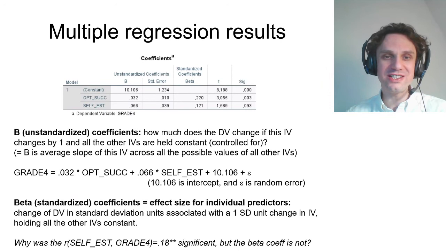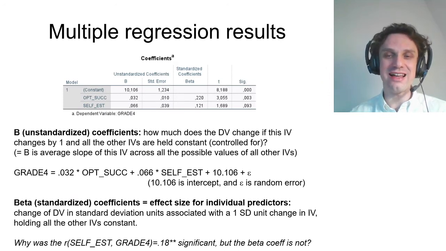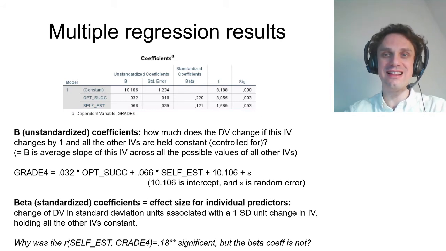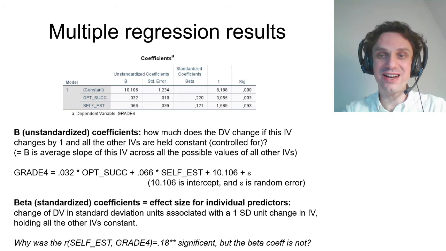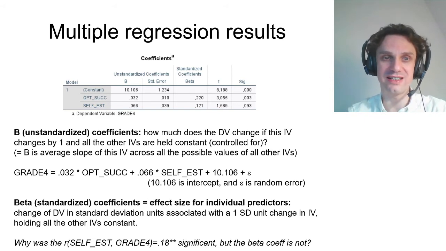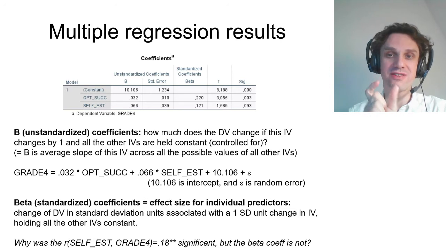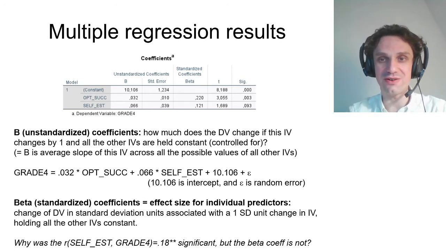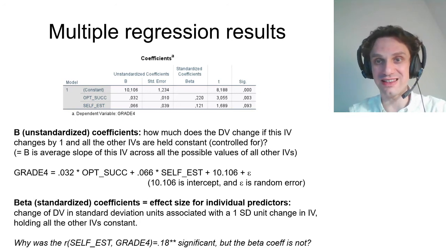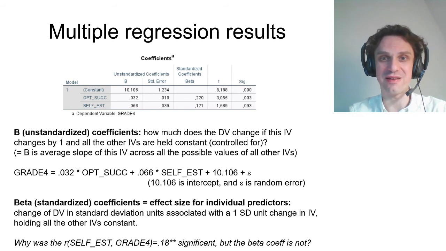So what do these coefficients mean? If you remember a little bit from our discussion of simple linear regression, where we just had two variables, B coefficient was basically the number that we included into the equation of a line that describes the relationship between y variable and x variable.